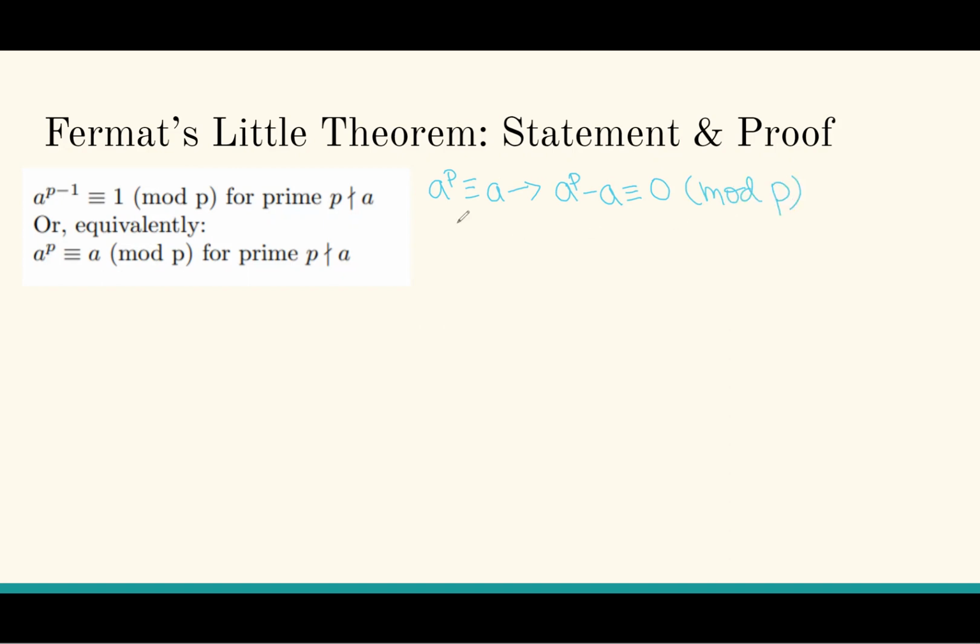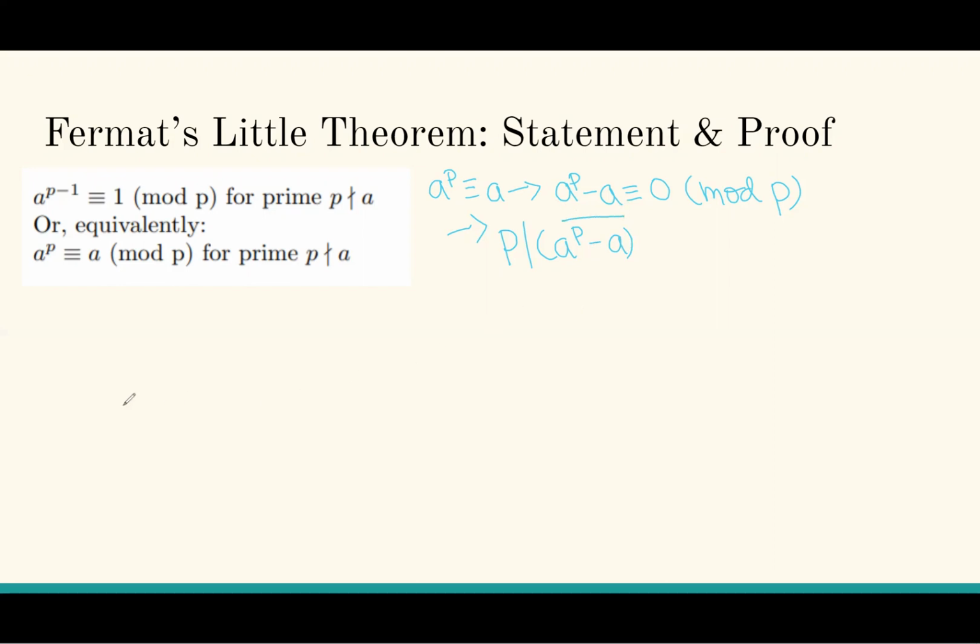And then this gives us that p divides a to the p minus a by definition of modulo, since 0 in a mod means that this number is divisible by the mod. In this case, that this expression is divisible by p.